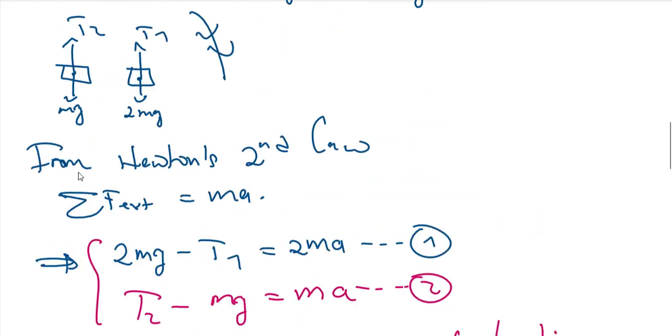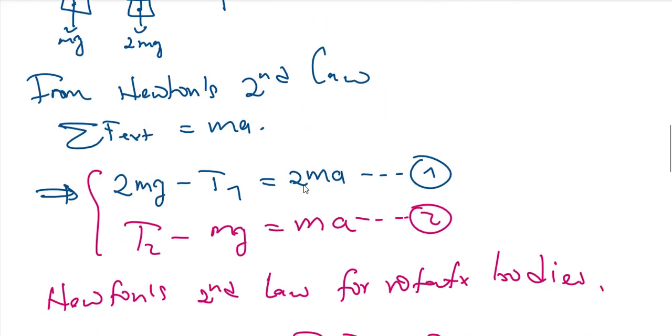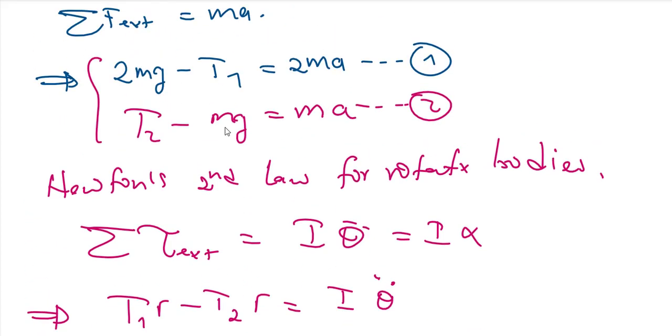Okay, so the first part, which is 9 marks, is done. Now the next is find the tension in the string on either side of the pulley. So we have to find T1 and T2.